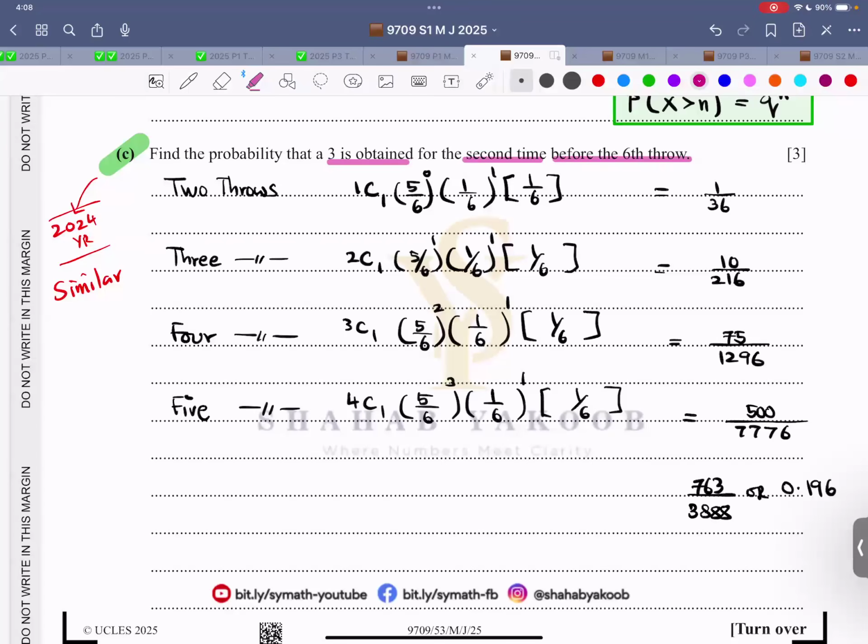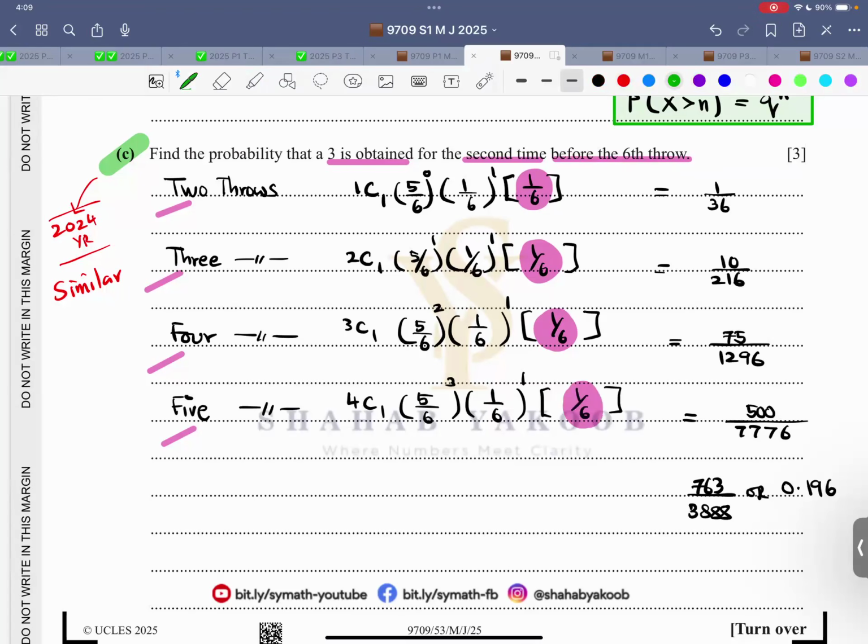Now, before the 6th throw, it could mean we are talking about 5 throws, 4 throws, 3 throws, 2 throws. 1 throw is not possible because you are getting a 3 two times. If we are talking about 2 throws, the second one has to be success. If we are talking about 3 throws, the third one has to be success. If we are talking about 4 throws, the fourth one has to be success. 5 throws, the fifth one has to be a success.